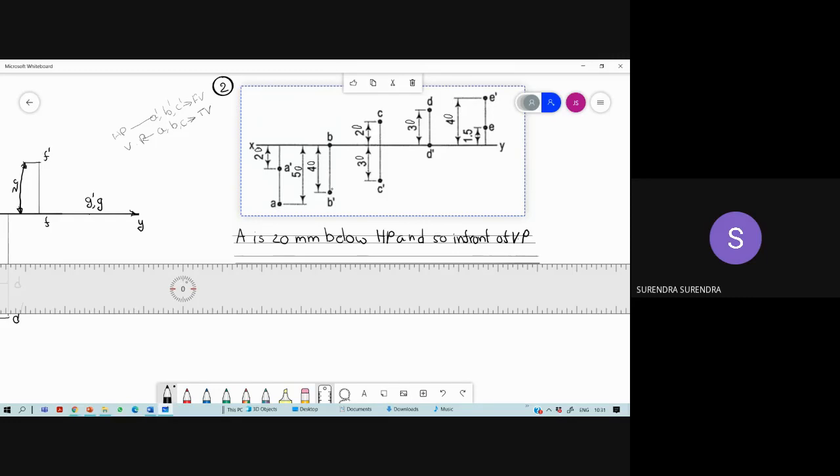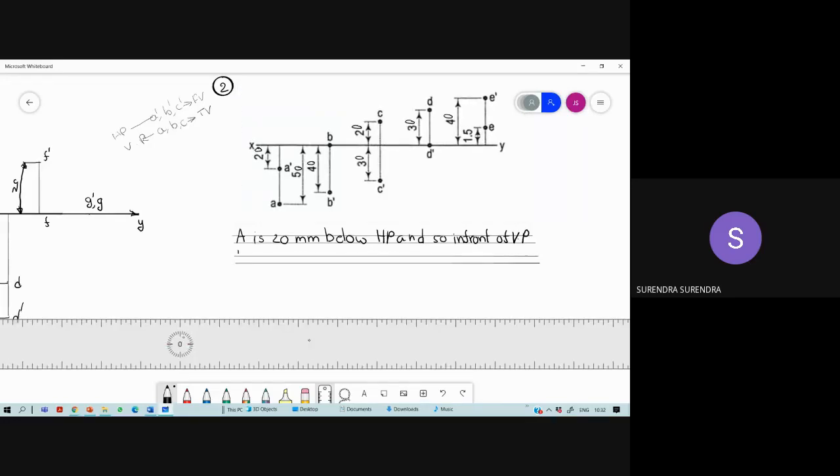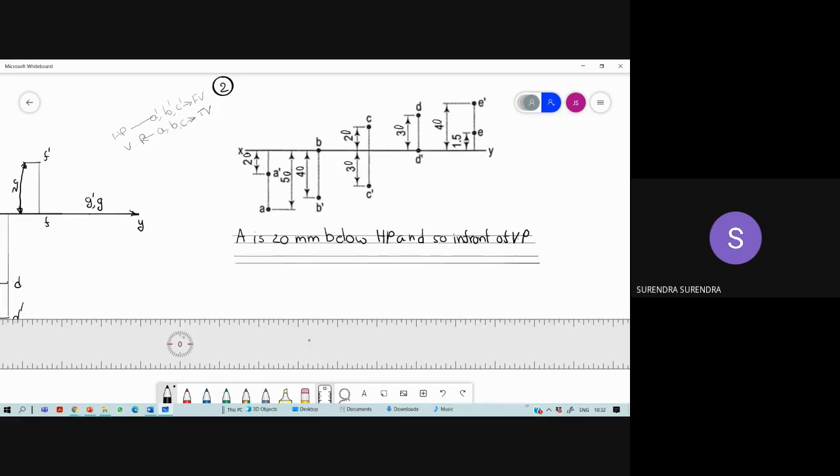The front view is below the XY line, which means point B is 40 mm below HP.